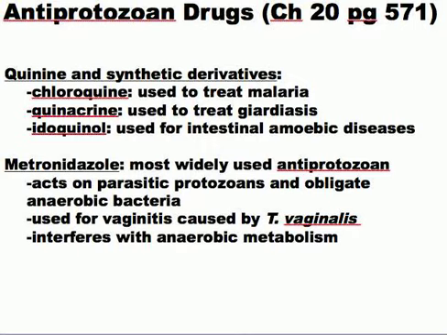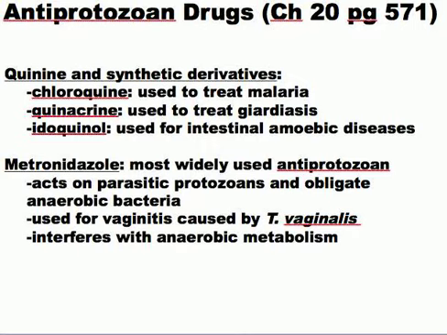We also have metronidazole, and this is the most widely used antiprotozoan drug, and it acts on parasitic protozoans as well as obligate anaerobic bacteria. It's used for vaginitis caused by Trichomonas vaginalis, and its mechanism of how it works is that it interferes with anaerobic metabolism.